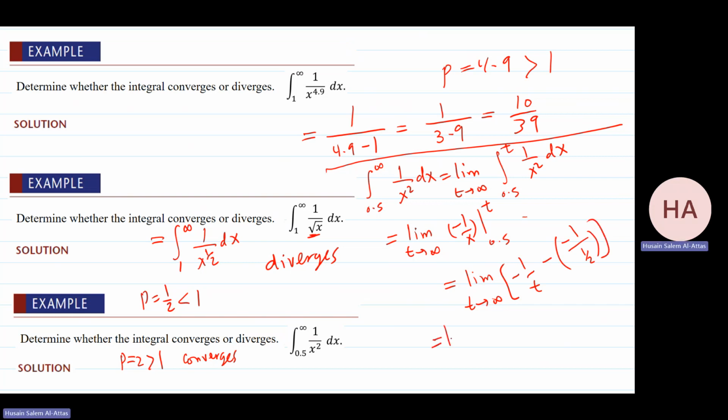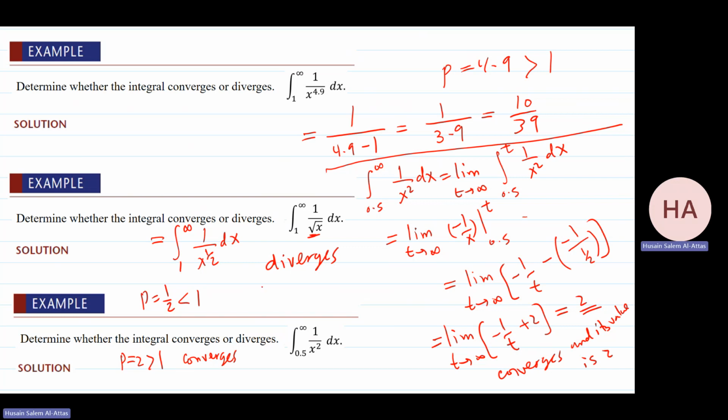So that will be limit t goes to infinity, minus 1 over t, minus 1 over half, that will be 2, with the minus, that will be plus 2. What is this limit? 2. So it converges, and its value is 2.